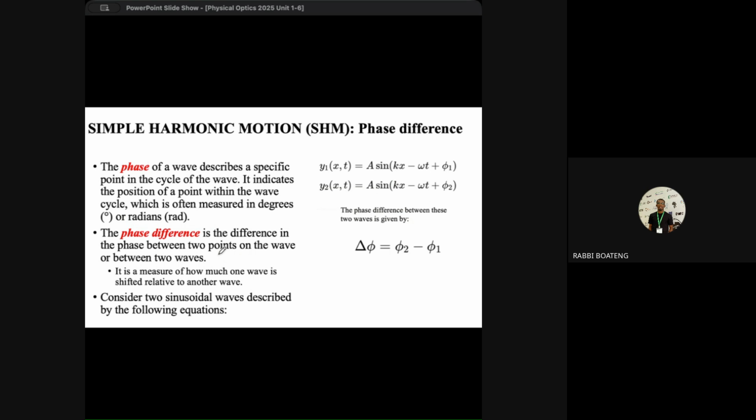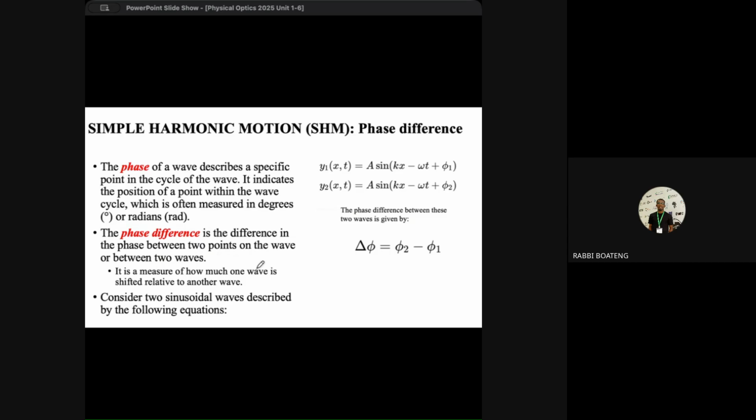Now let's look at one important thing that we call the phase difference. Phase difference will not end up only in today's class. We may see it one way or the other in another section called interference. So let's keep it in mind. Now, when we are talking about phase, we are just describing how the wave is moving.